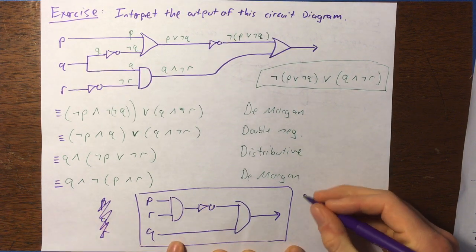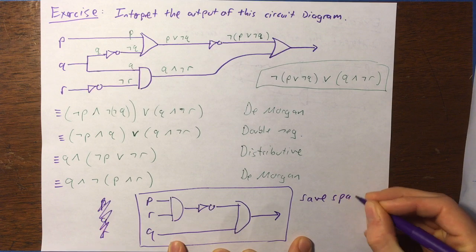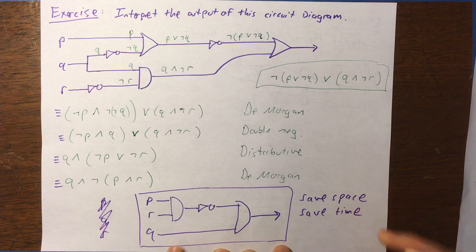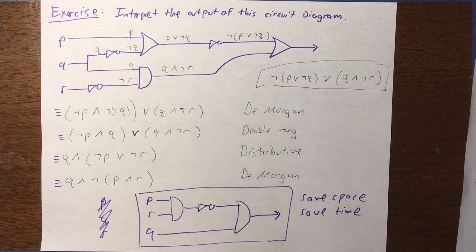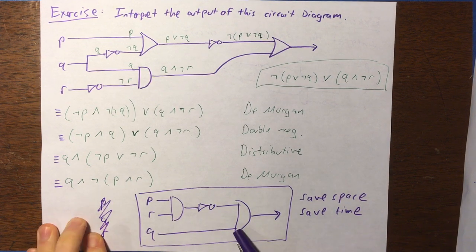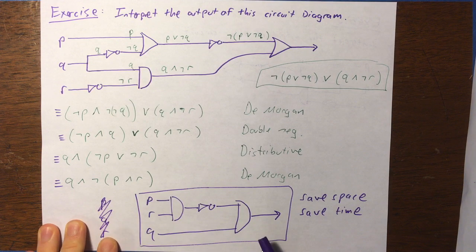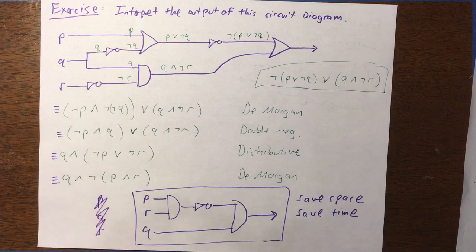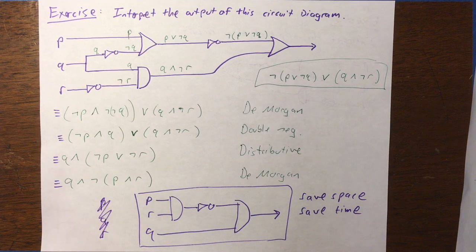This is going to save space on your circuit board. It's going to save time in your computation. Your computer will literally run faster if it has simplified circuits than it would if it was using more complicated circuits. So all of this is playing a role in optimizing the circuit board that you might design for a computer to run on.